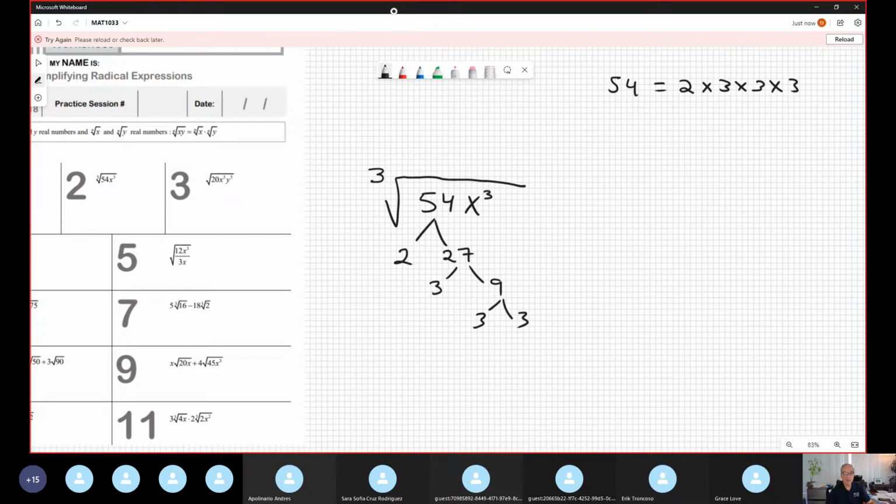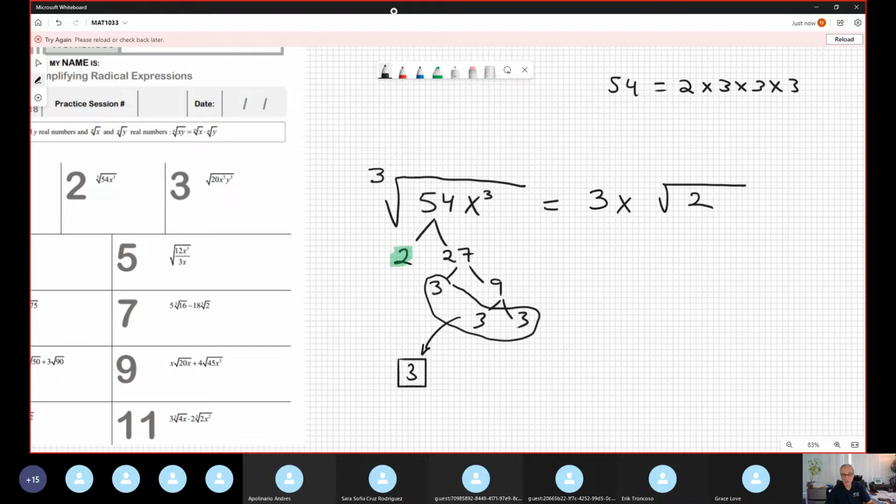And remember, we are working with the cubic root, and for the cubic root you select groups of three identical factors. For the square root it is a couple, for the cubic root three, for the fourth root four, and so on. These three 3s represent one 3 outside the radical. The numerical part is one 3 outside, and the 2 stays inside. And x cubed is easy because 3 divided by 3 is 1, so x goes outside.